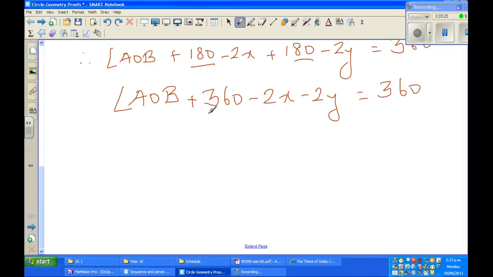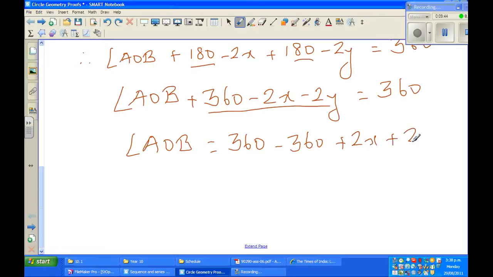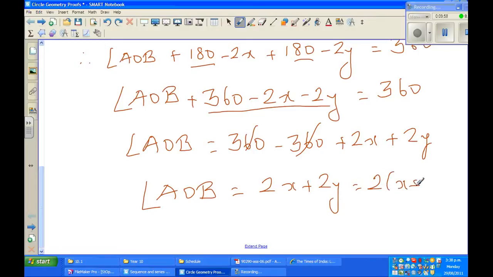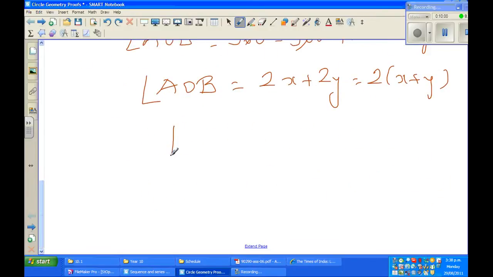Adding the opposite to both sides, angle AOB is 360 minus 360 plus 2x plus 2y. This cancels, so angle AOB is 2x plus 2y. Factoring out the 2, angle AOB is 2 times (x plus y).